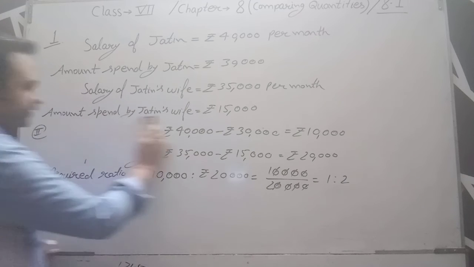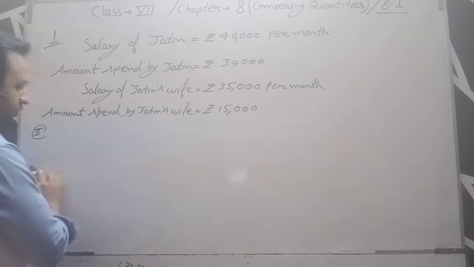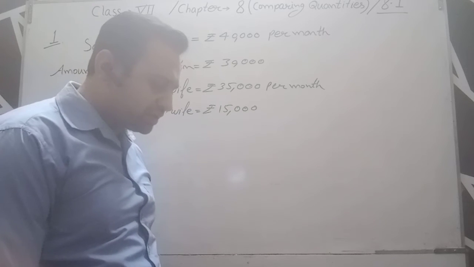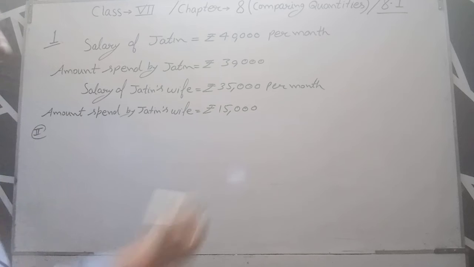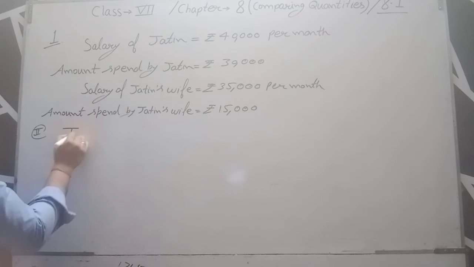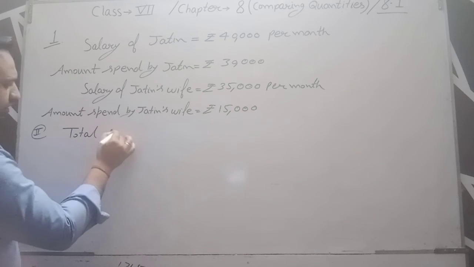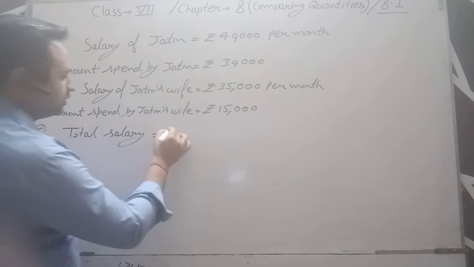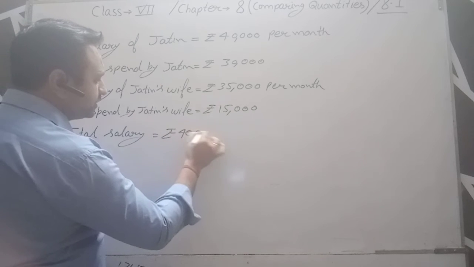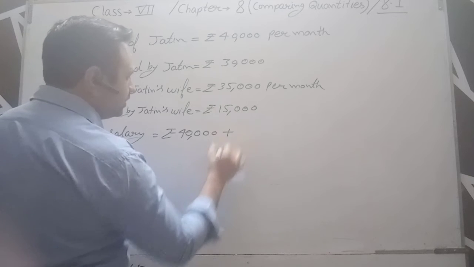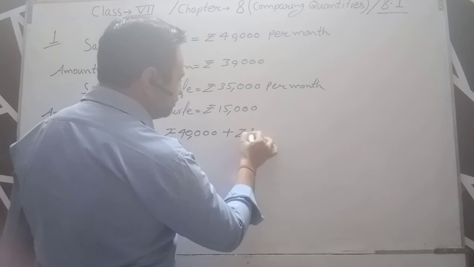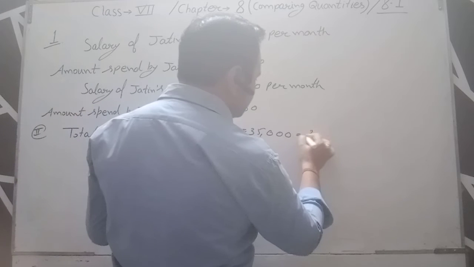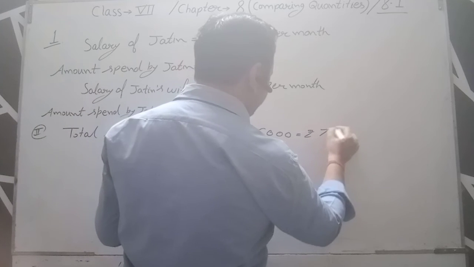Now we solve the third part. In the third part we have to calculate the ratio between total salary and total expenditure. Firstly find total salary. Total salary, rupees 40,000 is the salary of Jatin and rupees 35,000 is the salary of Jatin's wife. So their addition is rupees 75,000.